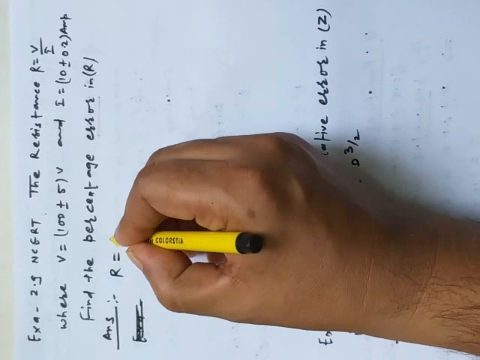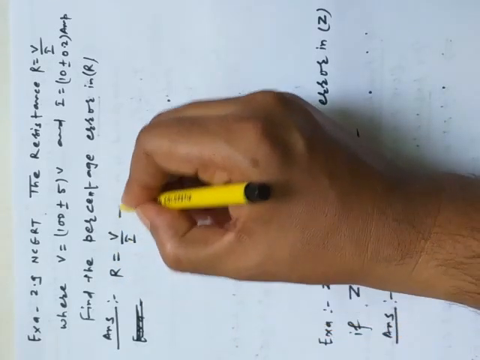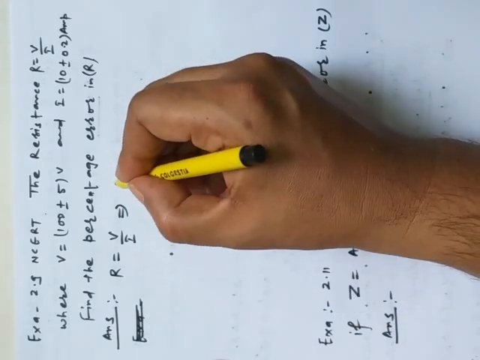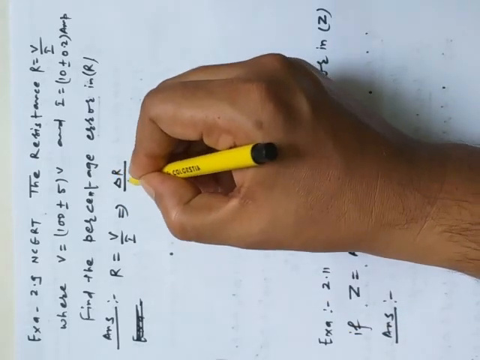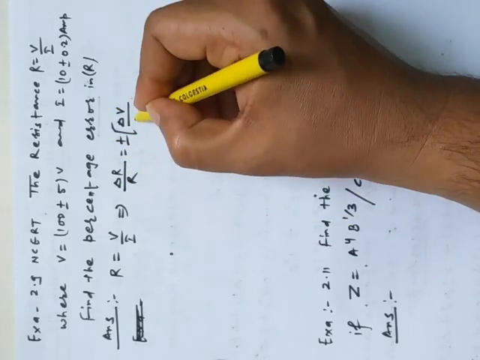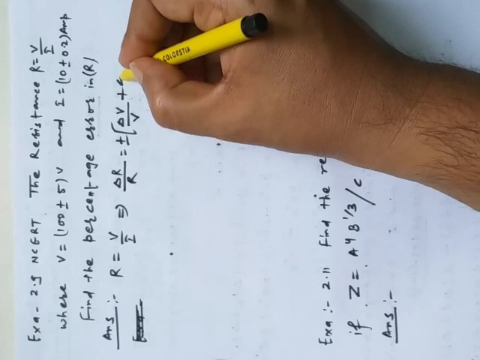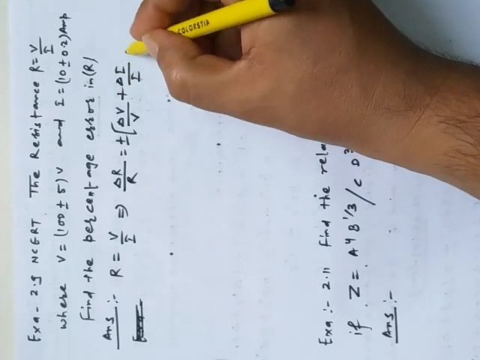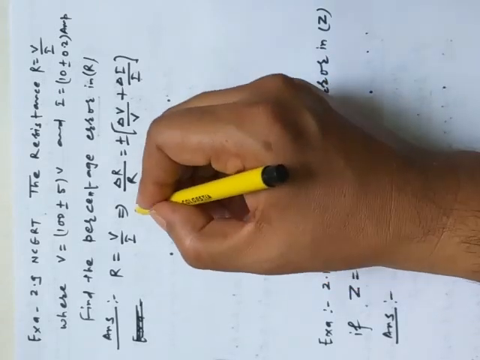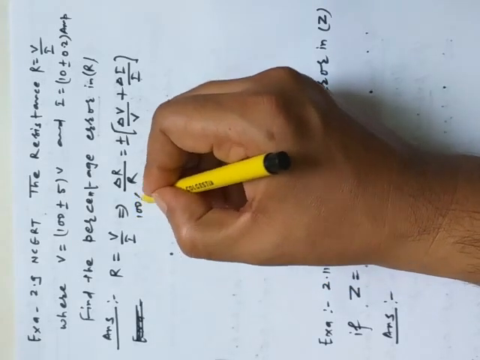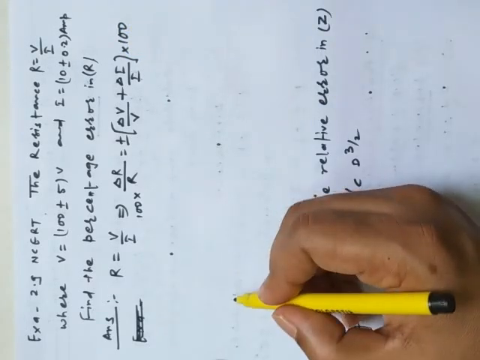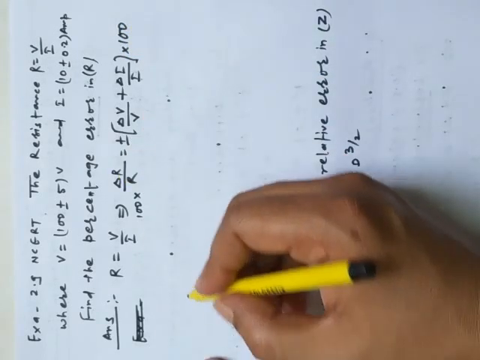We know R is equal to simply V upon I. So using the finalized formula of the percentage error in the resistance, we write delta R upon R, that is plus minus delta V upon V, and plus delta I upon I. So this is the generalized formula we have for the percentage error, so we multiply with 100 on the left hand side and then on the right hand side. This is the meaning of the percentage error in R.